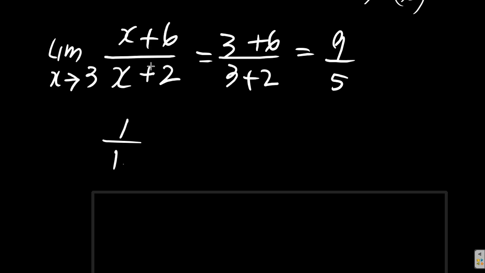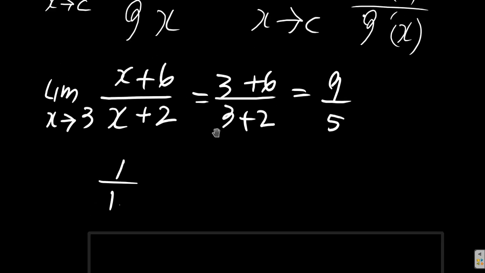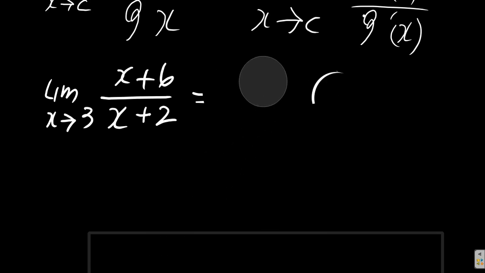Now, here, L'Hopital's rule does not work on this example because, of course, you could very well have found the limit otherwise. Now, suppose we start again and make a little adjustment.